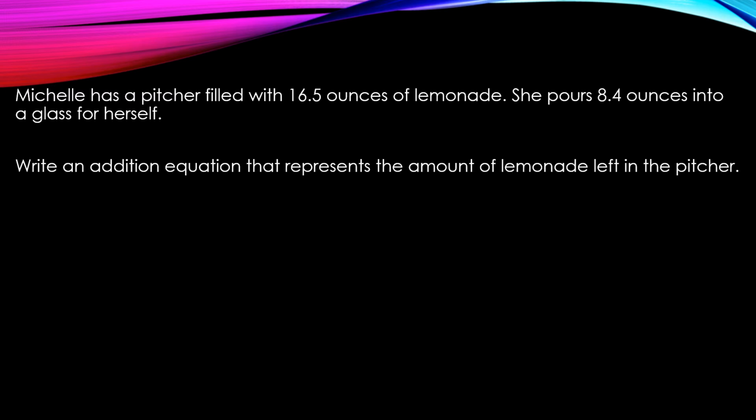Okay, well, she starts with this 16.5 ounces, so that is how much she has. Here, I need to write an addition equation, which means I need to have a plus sign. Okay, and then when she is pouring this 8.4 ounces, that is lemonade that she is losing from her pitcher, right? When you pour yourself a glass of lemonade, the amount you have left over is less, so this 8.4 is going to be negative.